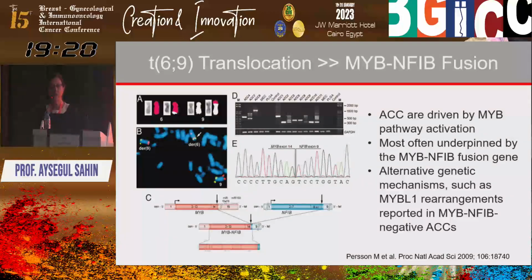And just like salivary gland adenoid cystic carcinomas, the MYB-NFIB fusion is diagnostic for adenoid cystic carcinoma. And most of the time, the pathway is activated by this fusion gene, but alternative genetic mechanisms such as rearrangements of MYBL1 have also been shown to be important.